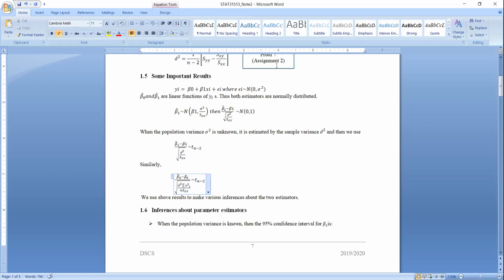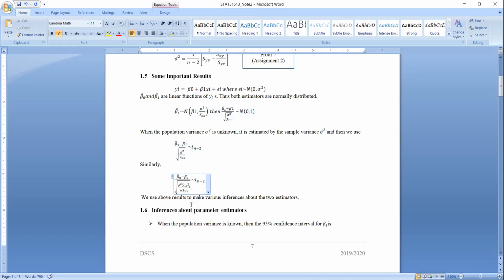When you have no idea about the population variance, you can use this equation, which has this test statistic with a t distribution, to make inferences about our model. Let me discuss how to make these inferences later, but this is how we construct the two test statistics.